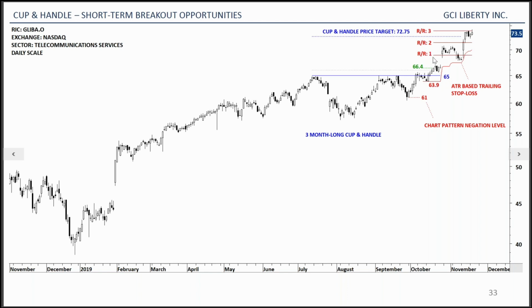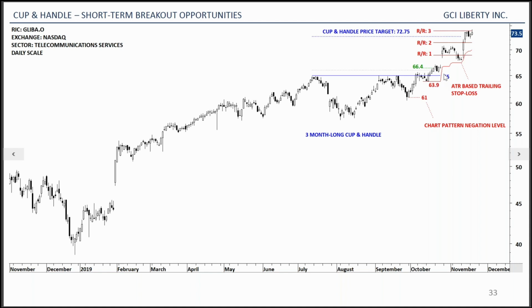So if price goes to this, you're basically benefiting as much as you have risked. If it goes to risk reward 2, you're benefiting 2 times the initial risk. If it goes to 3, you're benefiting 3 times the initial risk.